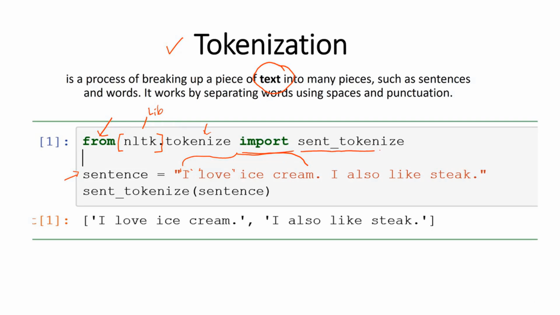Import sent tokenize. Well, what's that? It's just short for sentence. So actually instead of sentence, this really should be para for paragraph, right? Because what we're really doing here is separating a paragraph into disparate sentences.